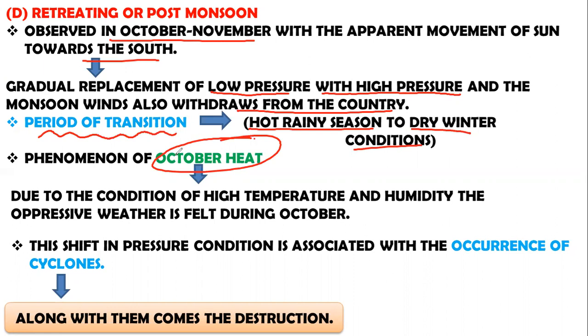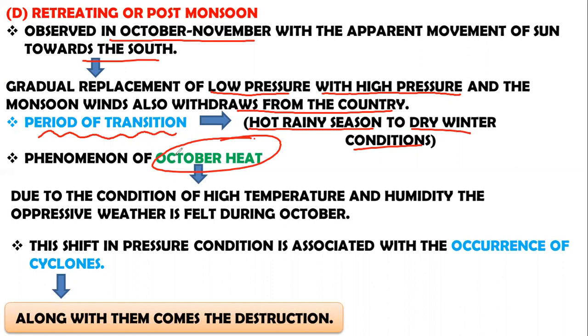Now suddenly, due to the movement of the sun, this land is receiving a great amount of sunlight. This heats up the land very quickly. When the land is already moist, and sunlight falls on that land, the land gets heated up.